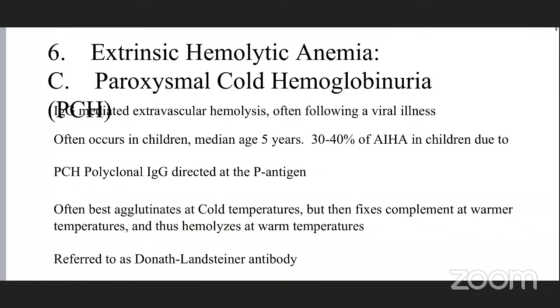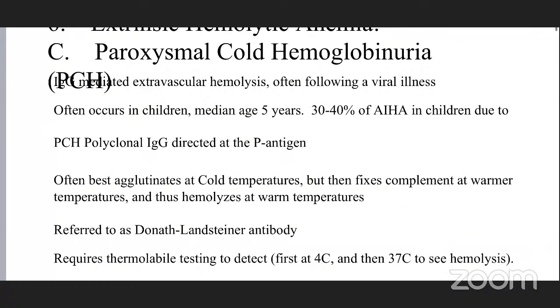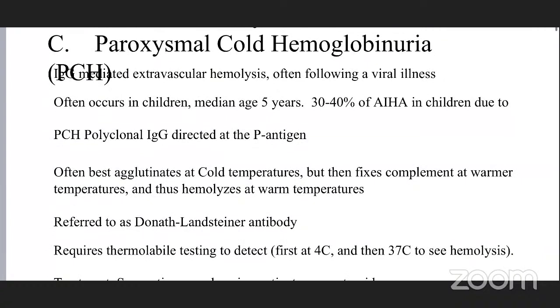Usually the patient will give a history of viral illness, sometimes an upper respiratory tract infection, and it often occurs in children with a median age of 5 years. 30 to 40% of autoimmune hemolytic anemia in children is due to PCH, and it is a polyclonal IgG directed at the P antigen.